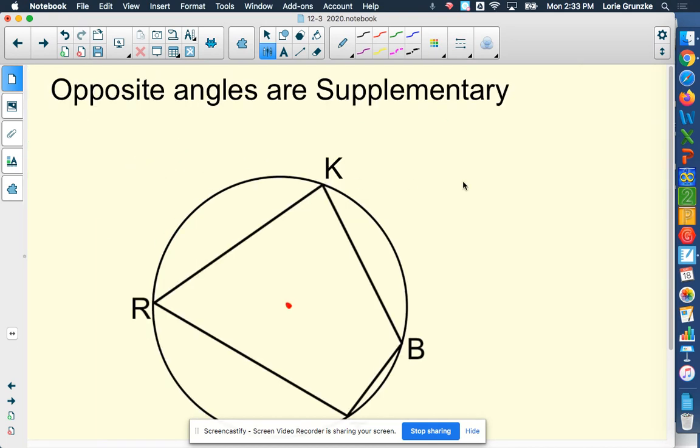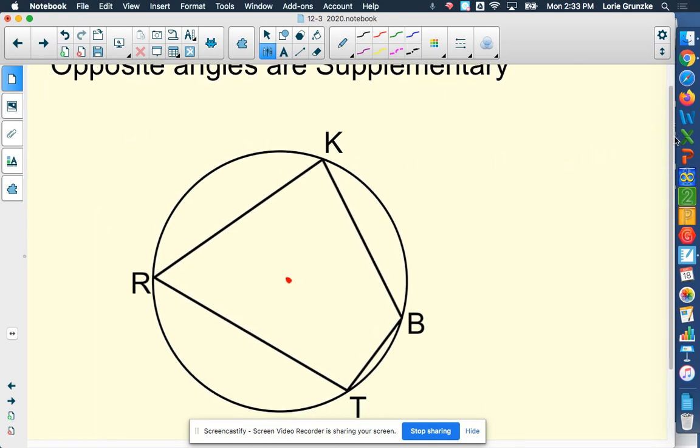Okay. Opposite angles are supplementary. So if you have a four-sided shape inside of a circle, or a quadrilateral inscribed in a circle, these four angles equal 360. And opposite angles, like if this one was, it looks to me like a 70, this would be 110. Those opposite angles equal 180.